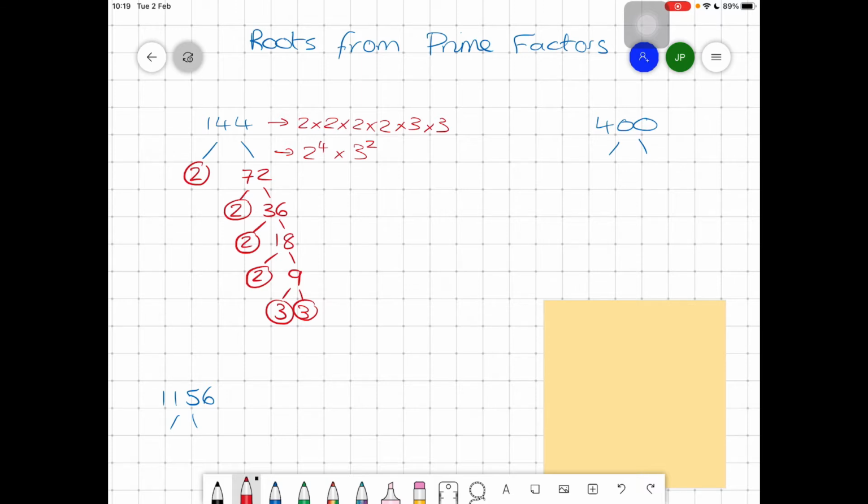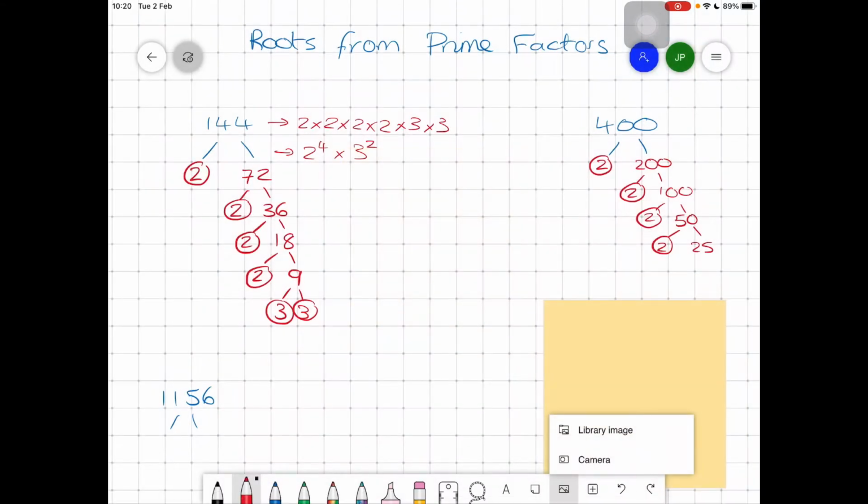Okay. Quick look at 400. So 400 again, I know I can do 2, it's even, so I'll go 2 and 200. We can then go 2 and 100. I'm just going to keep using 2s while I can to get me nice and small. So I'll go all the way down to 2 and 25. 25 should be nice and easy, 5 and 5.